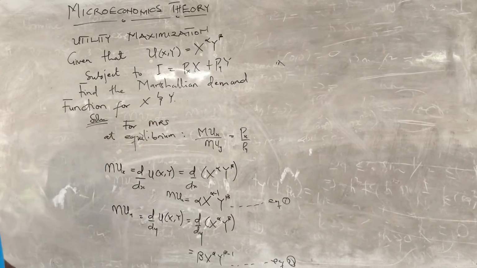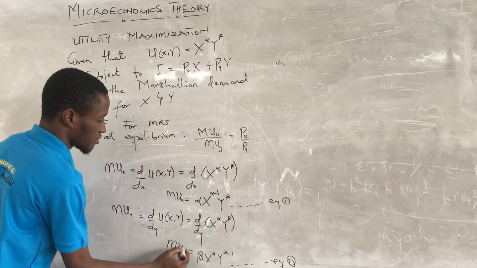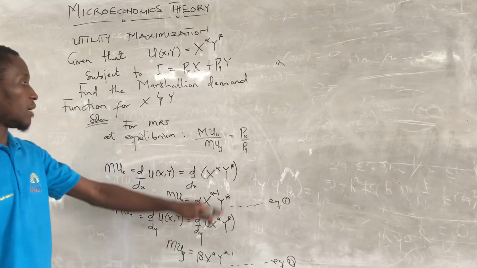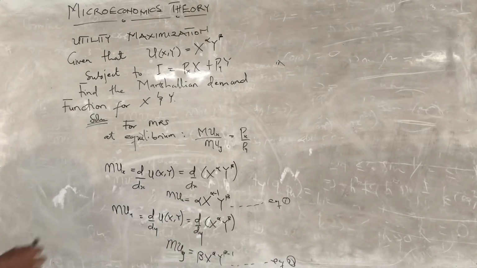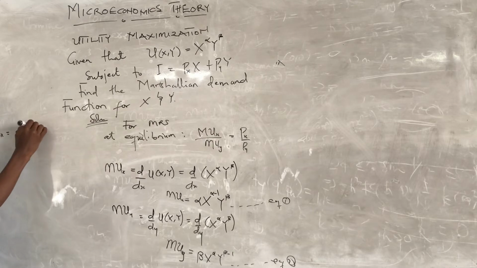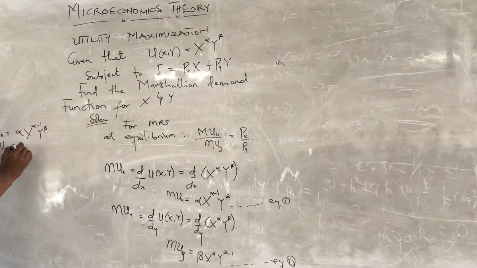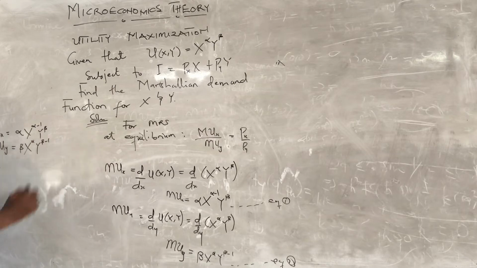The moment we have this, we can substitute it into the equilibrium point. So I'll write my equations out: MUx is equal to alpha x^(alpha-1) y^beta, and MUy is equal to beta x^alpha y^(beta-1).